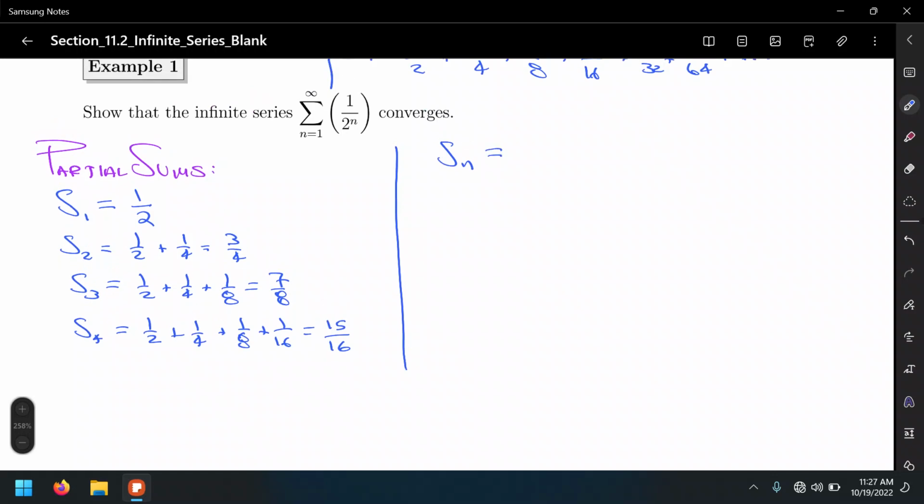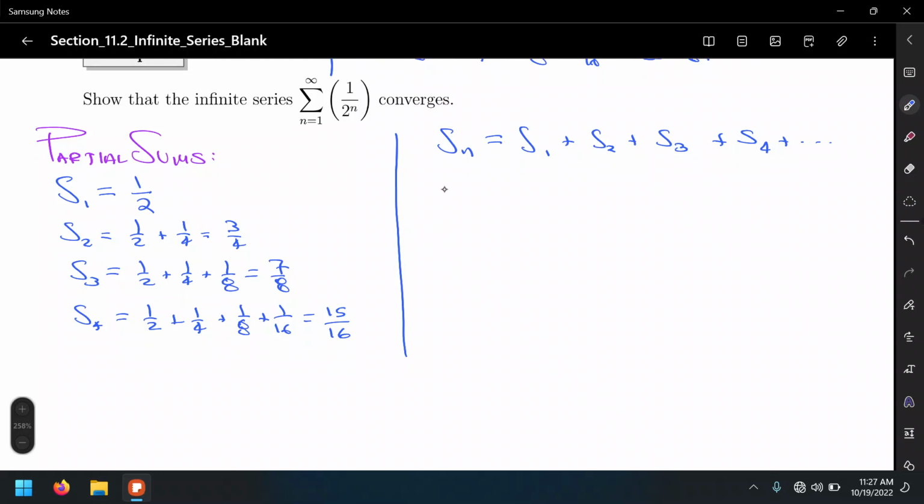All right, so S sub n. So that's S sub 1 plus S sub 2 plus S sub 3 plus S sub 4 plus dot dot dot to denote that we're going to have n terms, or infinitely many partial sums, by continuously adding the first 5, the first 6, the first 7, etc. But 4 is more than enough.